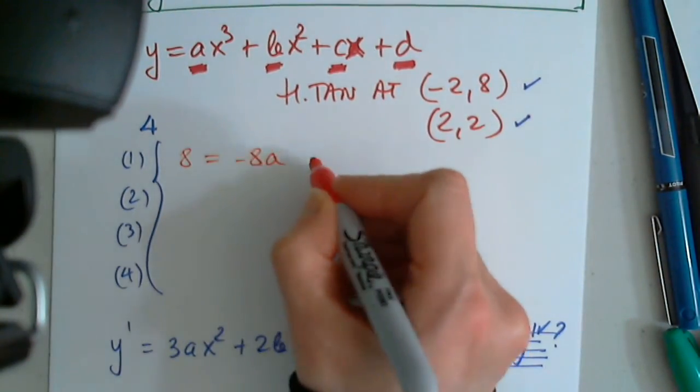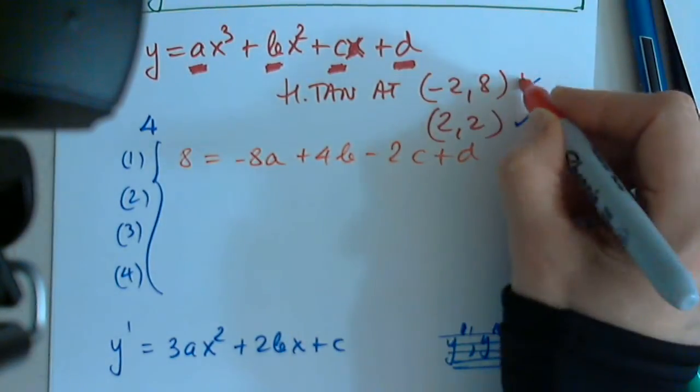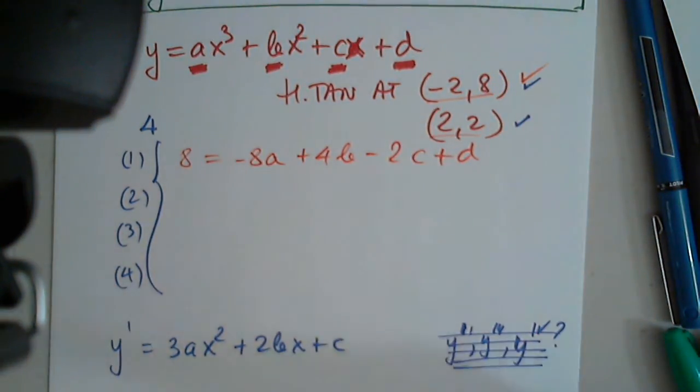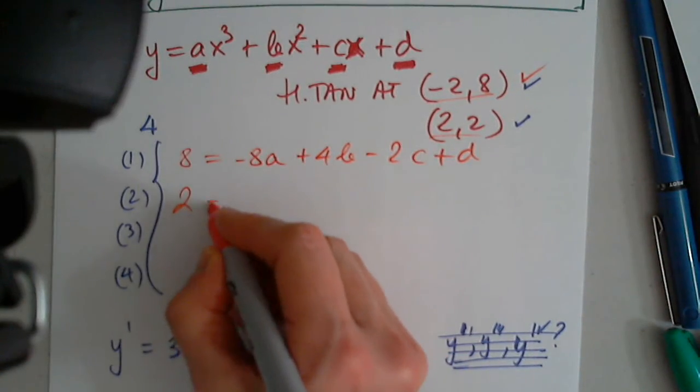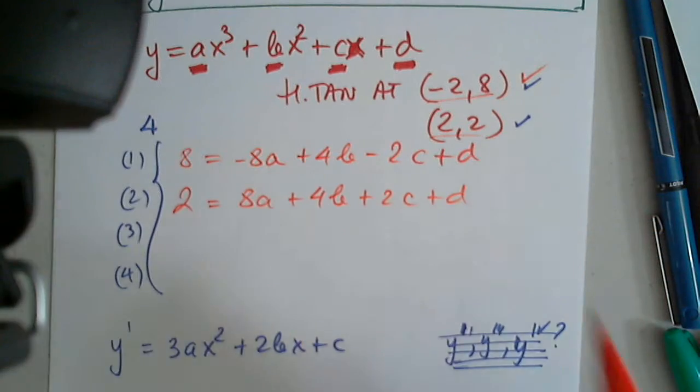So negative 8a plus 4b minus 2c plus d, of course. Both points have to be on the graph of the function. And 2 equals 8a plus 4b plus 2c plus d, of course. How can a function have a tangent at a point that is not on the graph of the function? Of course. Very good. Next.